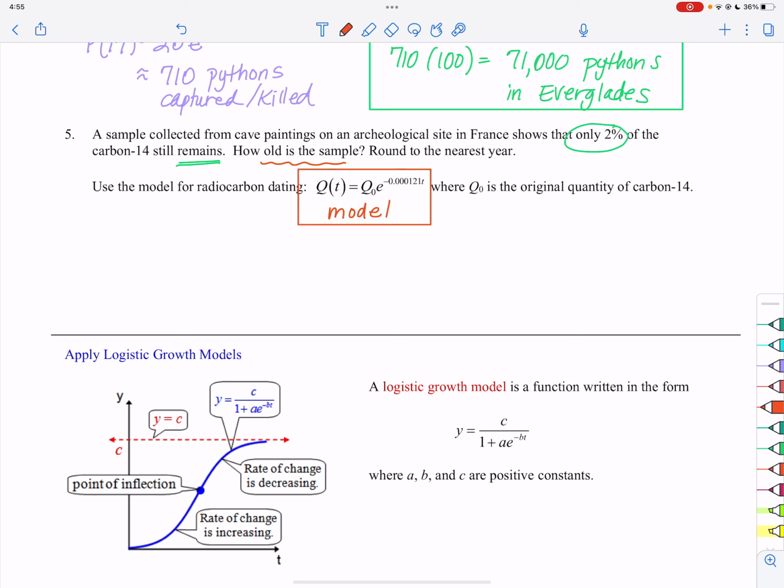And this is a really important model because Q sub 0 is the original quantity of carbon-14, and Q is the amount over time. Okay? So we will use that equation to see how old our sample is by solving for t.